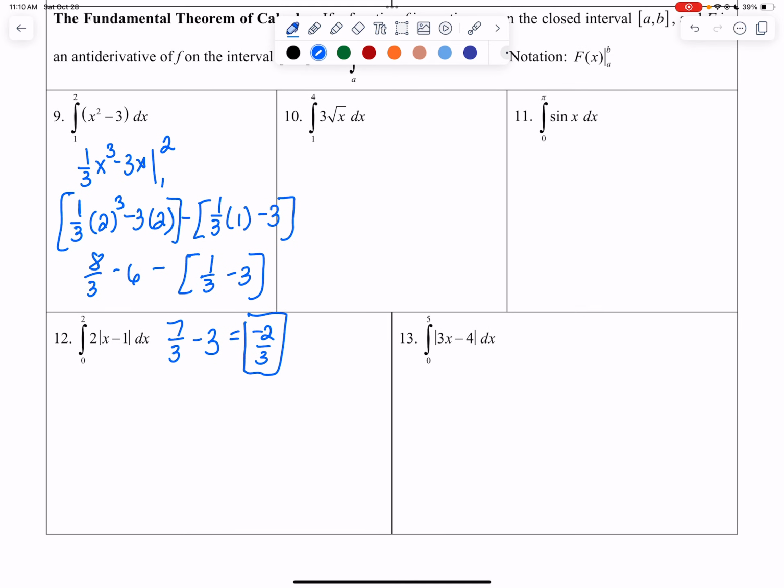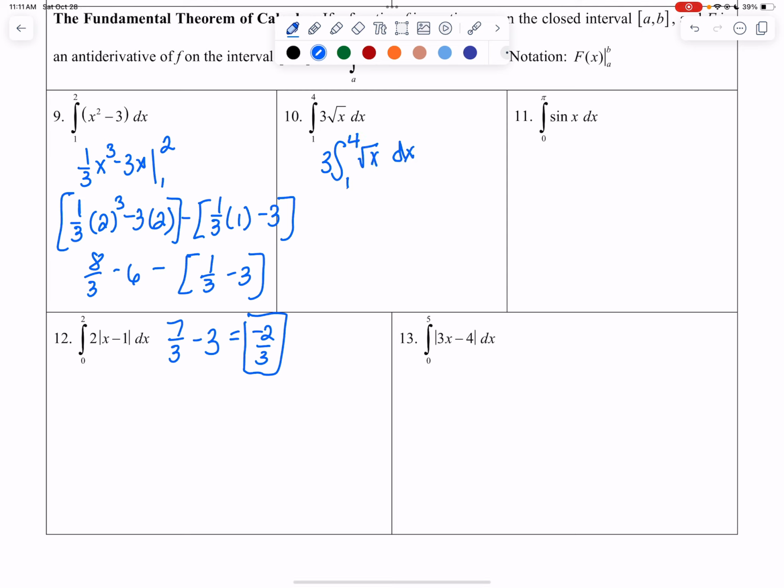All right, number 10, I have a coefficient of 3 that I'm going to take out. So I have 3 times the integral of 1 to 4 of the square root of x dx. I'm also going to rewrite the square root of x in exponential form. So I have 3 times the integral from 1 to 4 of x to the 1/2.